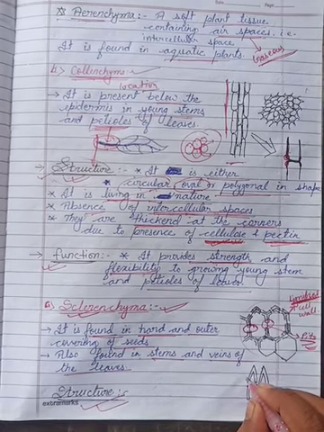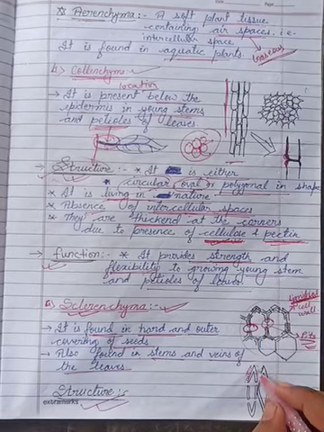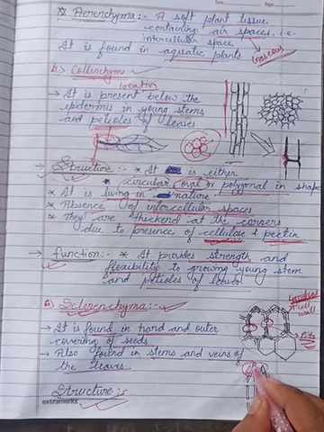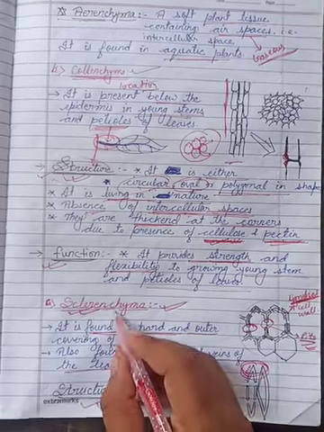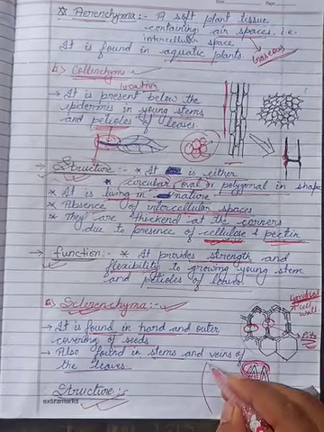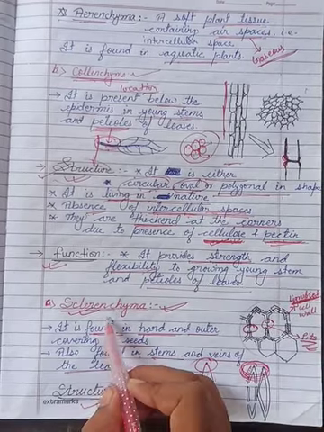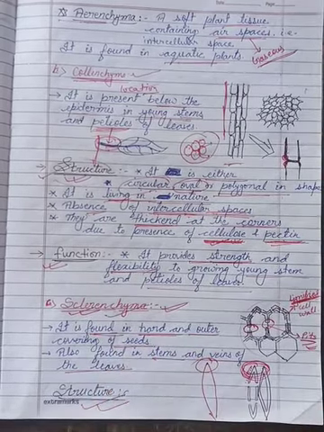Here is also the presence of lignin, or lignified. You can see here it is the closed ending type of sclerenchyma cell, which is called tapering ending. Here it is the tapering ending which is found in sclerenchyma cells.